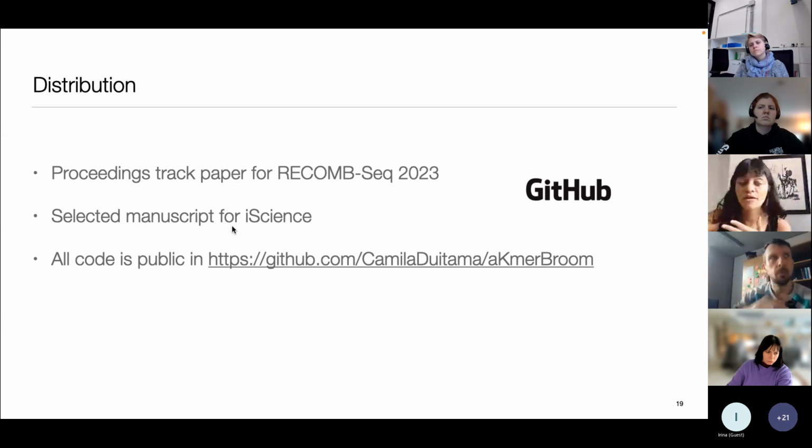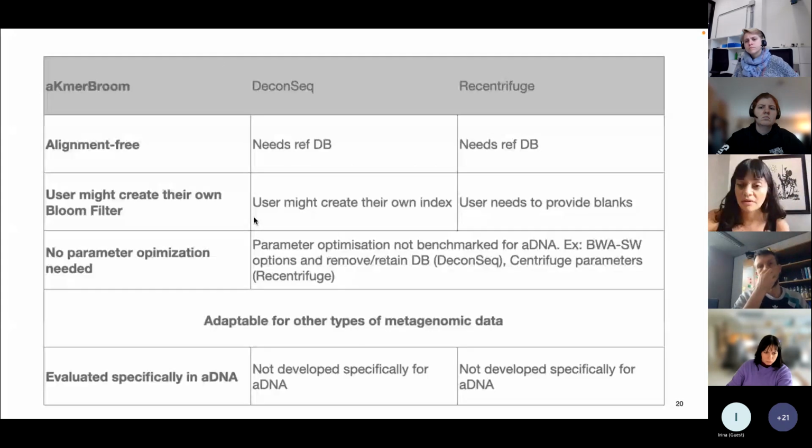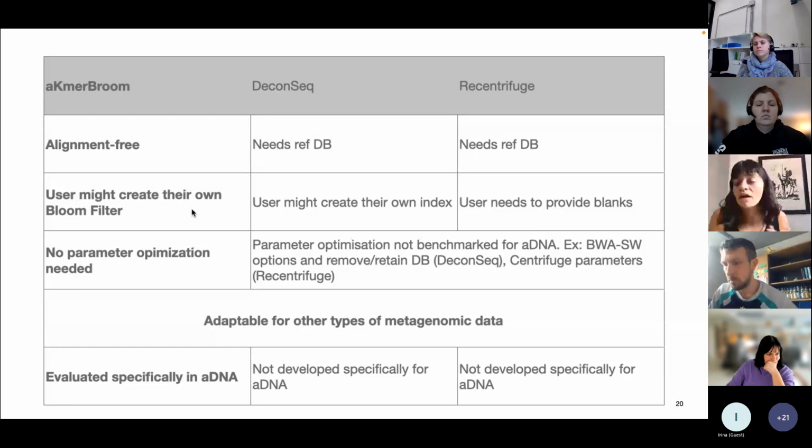Just to give you again an overview of the three methods: akmerBroom is alignment-free, and k-mer-based methods have this potential, whereas the other two need a reference database. With akmerBroom, the user might create their own Bloom filter. So we have opened this window for you to say, I'm not actually interested in ancient oral samples, what I work on is other stuff, so I want to come up with a set of k-mers and do that type of cleanup.